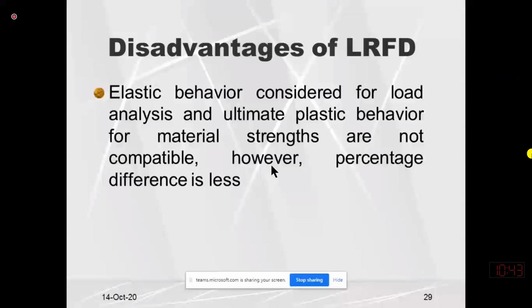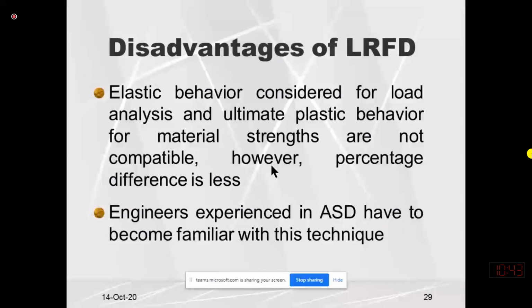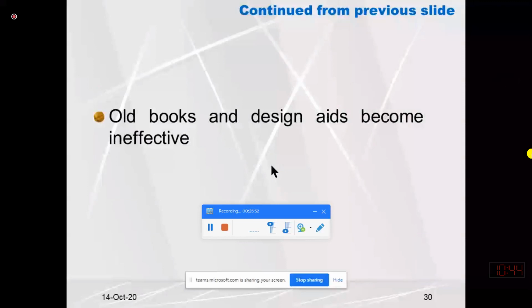Most of the experienced engineers have experience in ASD, because LRFD is a relatively new method. Maybe people switched to LRFD about 10 years back. But old engineers all have experience in ASD. In all old books and design aids, maybe 15 to 20 years old, you will only see the ASD method, and no LRFD is available.